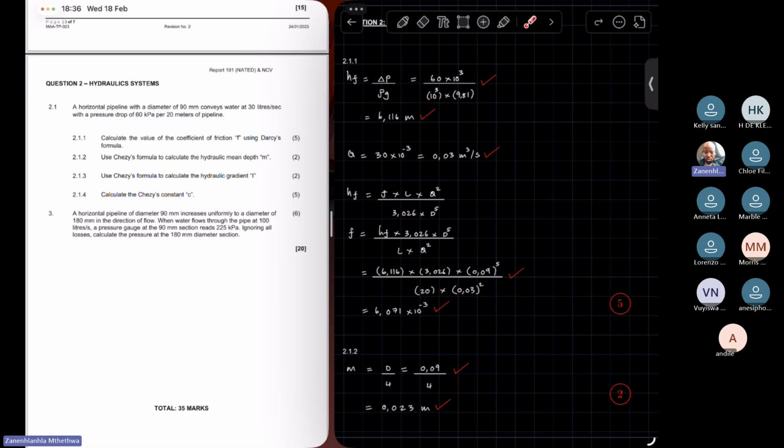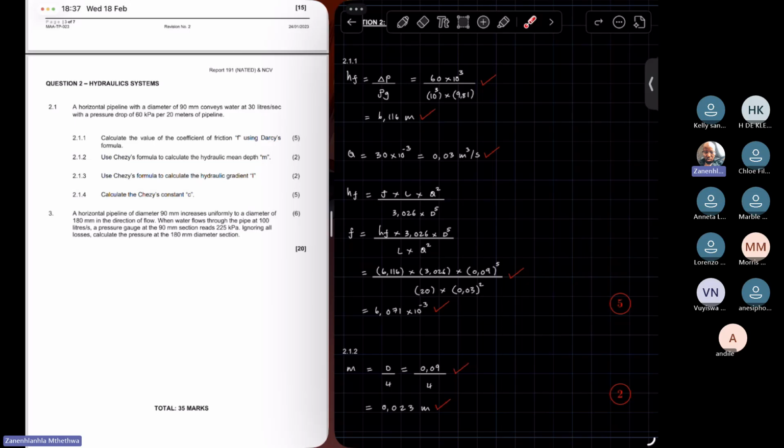The flow rate is 30 liters per second. Now, 30 liters per second isn't the standard unit of measurement for flow rates. The standard unit for flow rate is cubic meters per second, which means you obviously have to convert the liters per second to cubic meters per second.